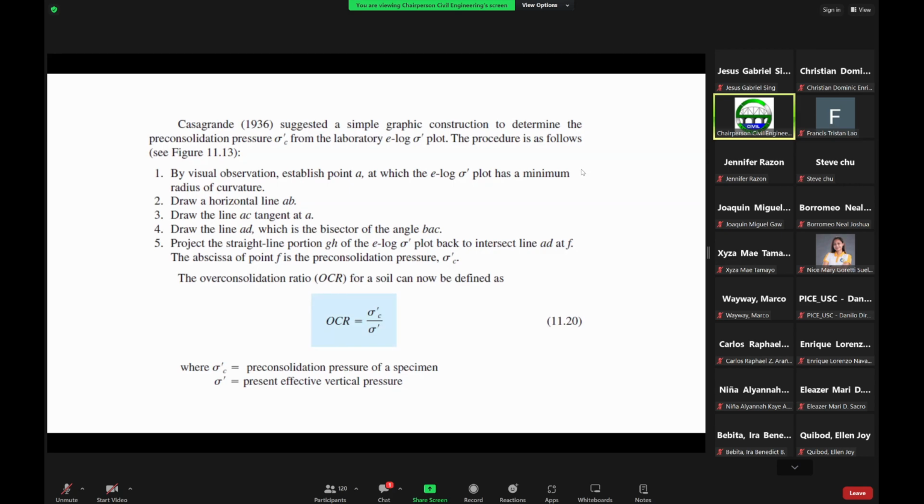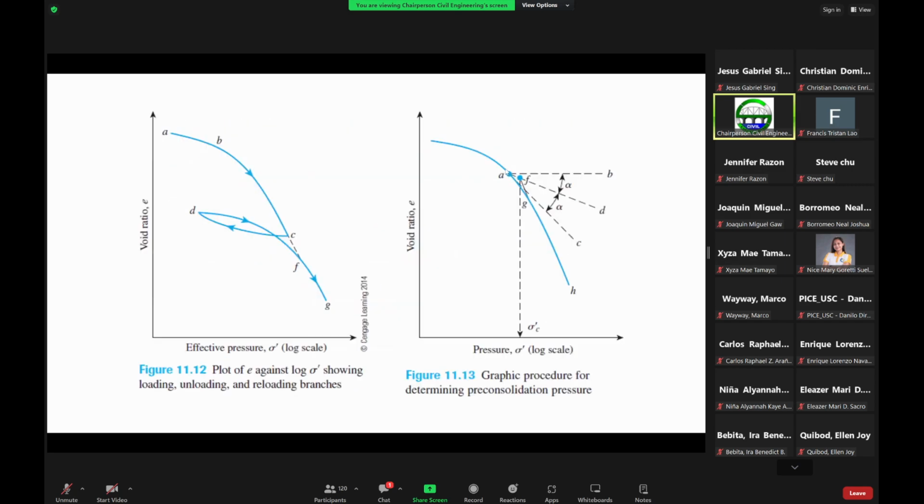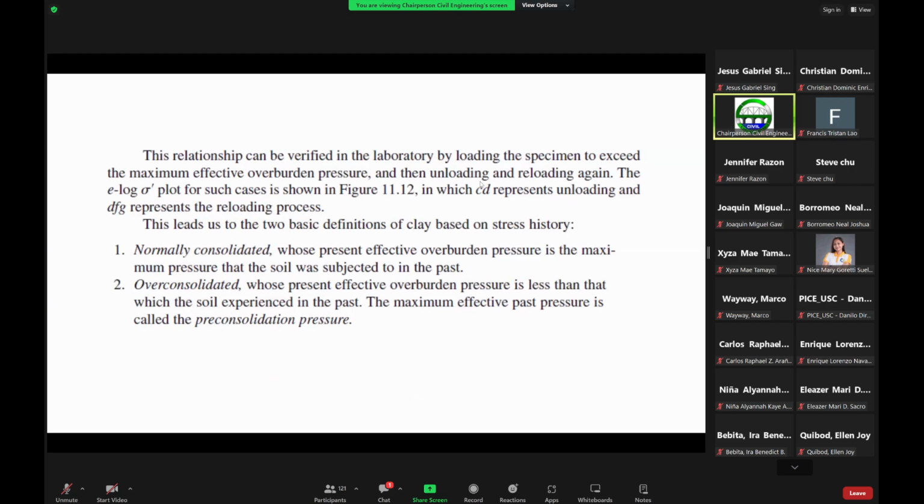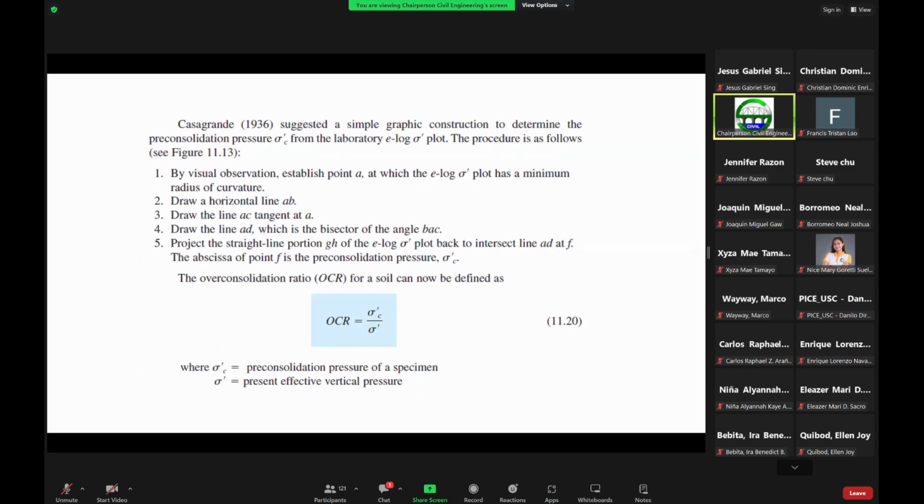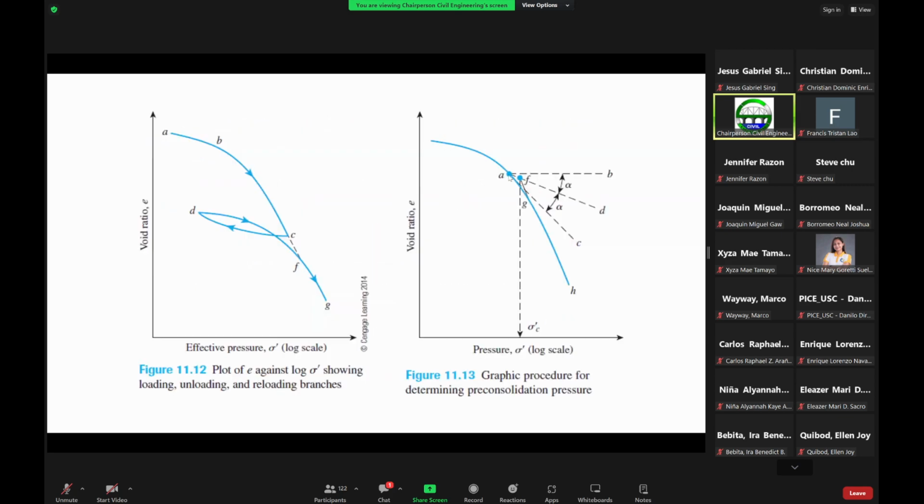This you learned in differential calculus. So in this curve, this is the minimum radius of curvature. At this point, we plot a horizontal line AB, that's this line.